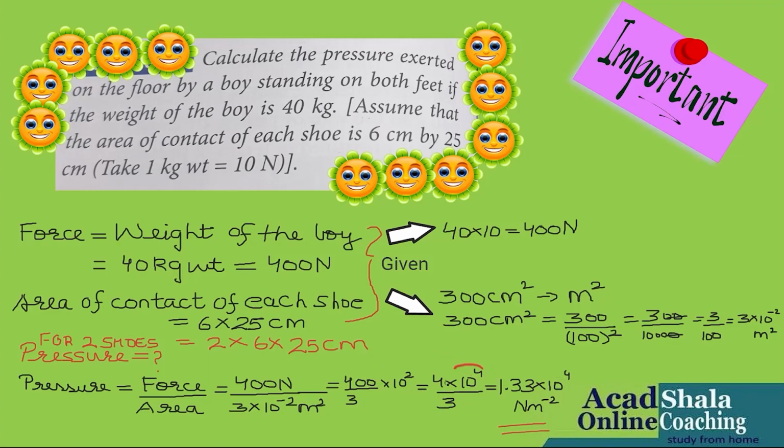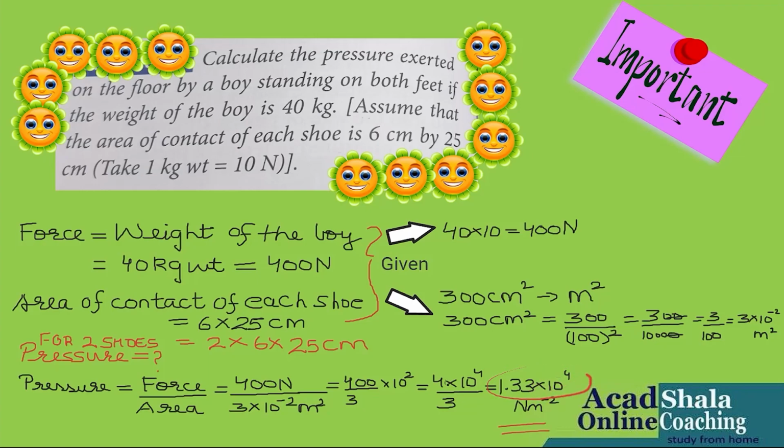Then 10 to power 4, leave it like this for some time, and only solve 4 upon 3, divide, and I get the value as 1.33. And 10 to power 4 was there after combining these zeros, and upon this 4 upon 3, when I solved it, I got 1.33, and then into 10 to power 4.